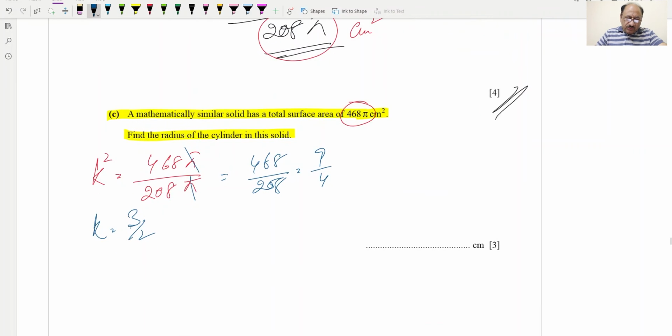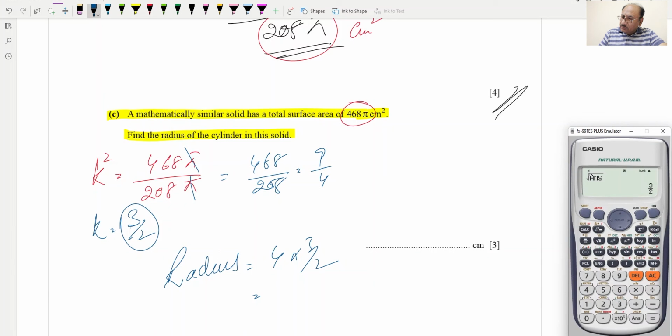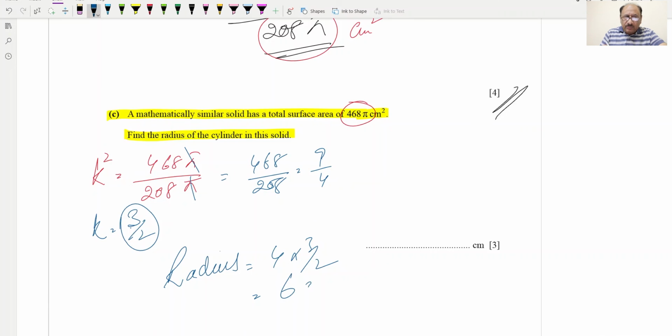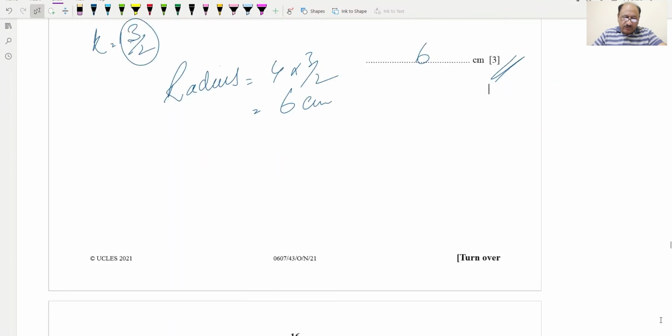Now the radius of the bigger will be multiplied by this k. So radius will be equal to 4 multiplied by 3 by 2, which is equal to 6. So this will be 6 centimeters, and 6 centimeter is the final answer.